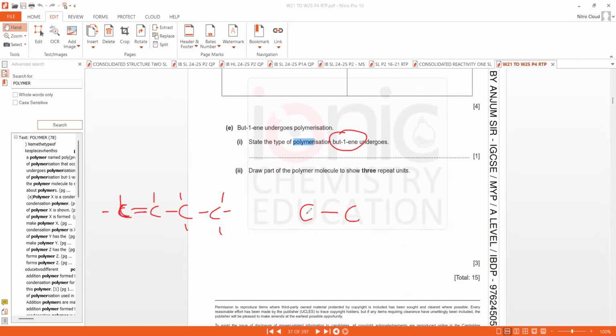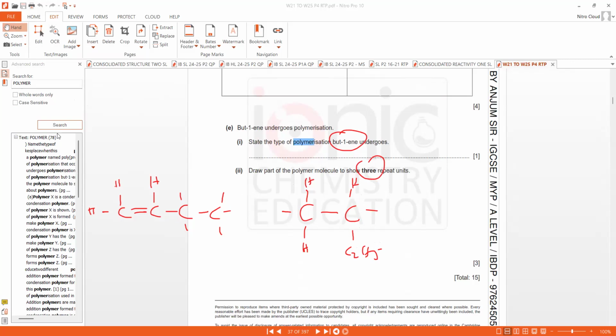This carbon atom is here. This is bonded to hydrogen and hydrogen. So I will draw hydrogen and hydrogen. This carbon atom is here, which is bonded to hydrogen, and this bonded to C2H5. So hydrogen and C2H5. This is one repeating unit, and then you can draw 2 more.